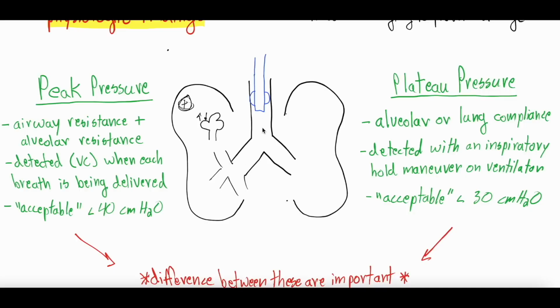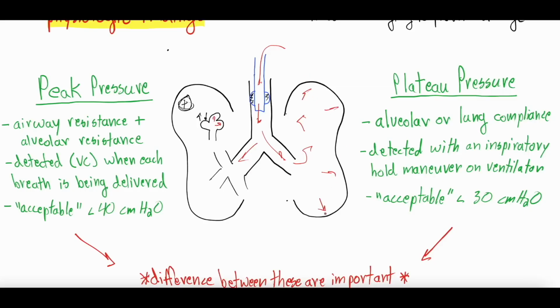This blue thing here is an endotracheal tube, right? There's a plastic tube that goes into the trachea. You blow up a balloon here so it forms a seal, right? And the ventilator delivers a breath into the endotracheal tube. That breath comes out of the end into the trachea. It goes into both bronchi, and then it waves its way into all the bronchi and bronchioles into the alveoli, and then it inflates the alveoli and expands the lung, right?